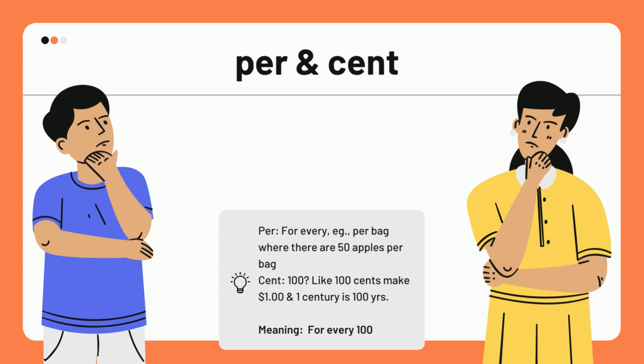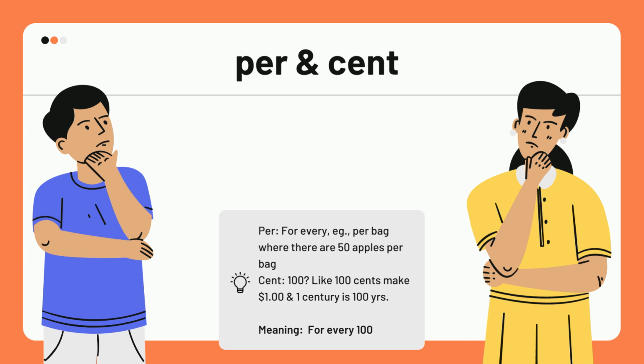Okay? Now let us look at the cent. Let's see some words with cent in them, like century. A century is what? 100 years. And how many cents make $1? 100 cents make $1.